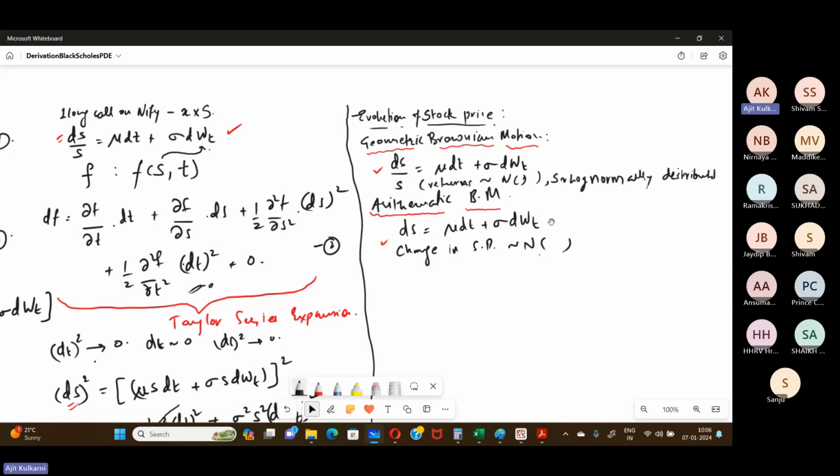What is constant and what is not constant? dt is constant, right? dt is equal to your time increment. If you have a timeline of 1 year, t equal to 1, and you divide it into small parts, this is dt.